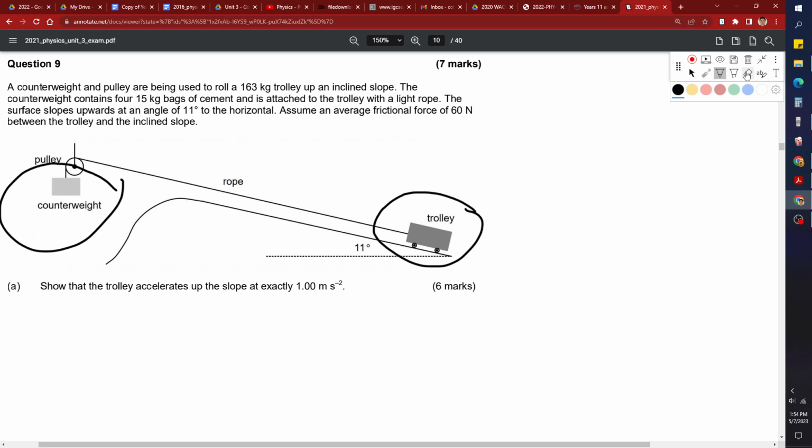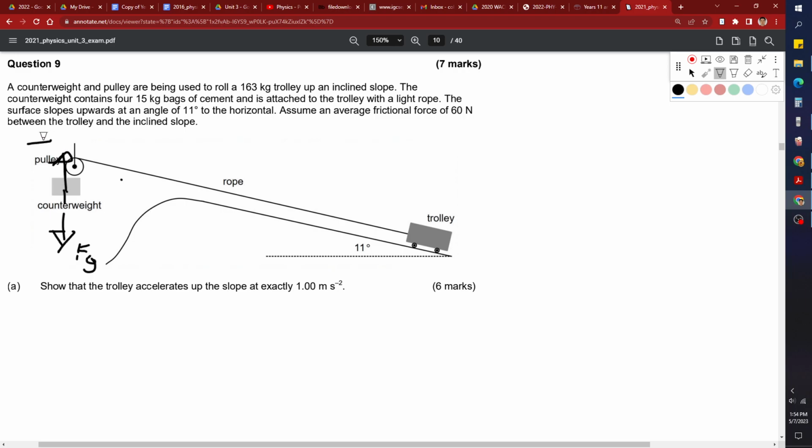But in both cases, there will be tension, opposite to the direction of whatever we're looking at here. So here, that would be that. The trolley this way and friction this way, and then the tension would be that way.